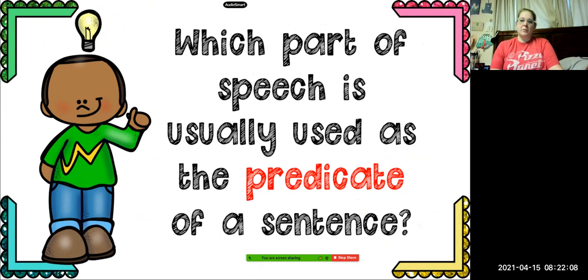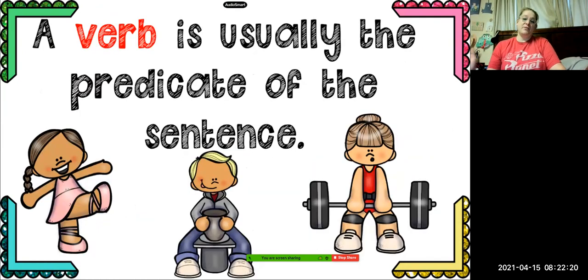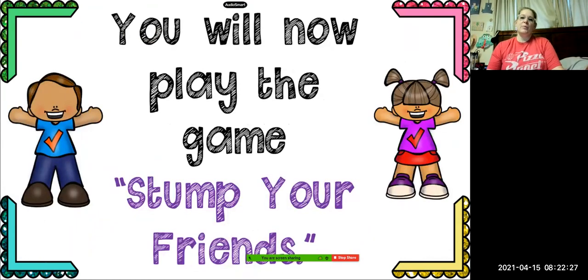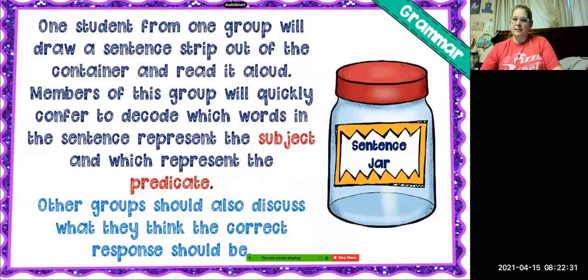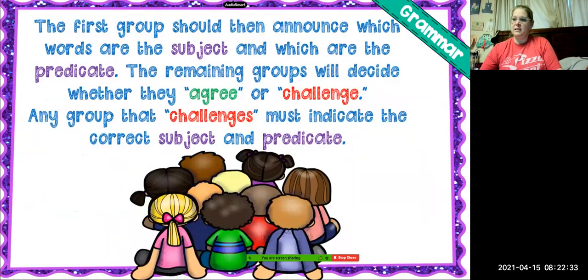So then which part of speech is usually used as the predicate of the sentence? If we use the noun as the subject, what's going to be the predicate? It's going to be the verb. A verb is usually the predicate of the sentence. So we're going to look at some sentences.